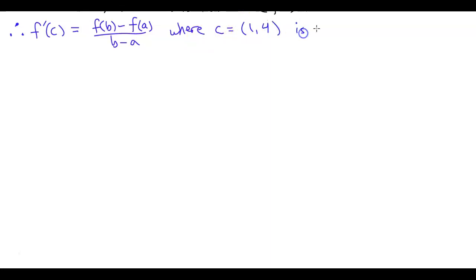So I'm going to say, therefore, f prime of c is equal to f of b minus f of a over b minus a, where c is somewhere between 1 and 4, is guaranteed.